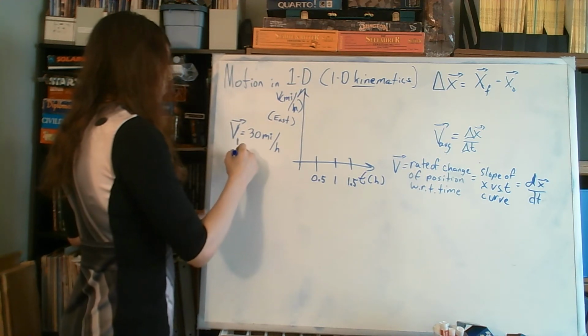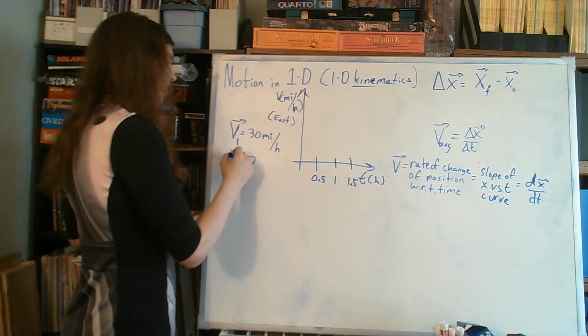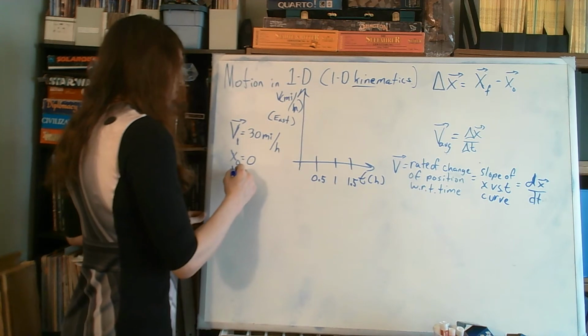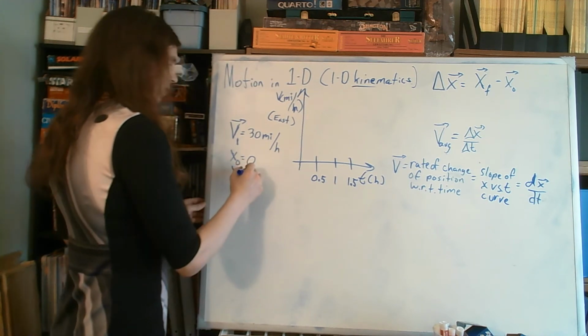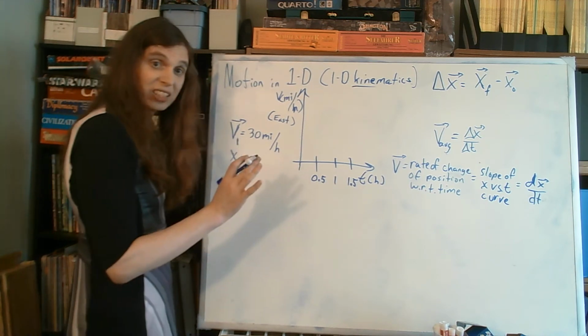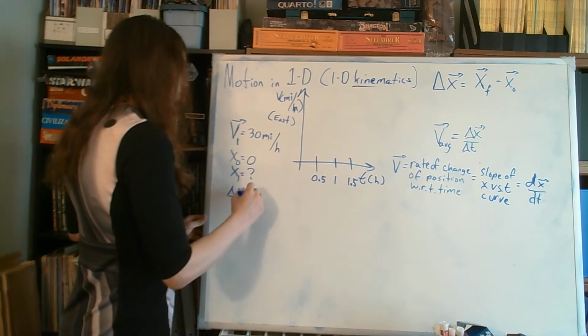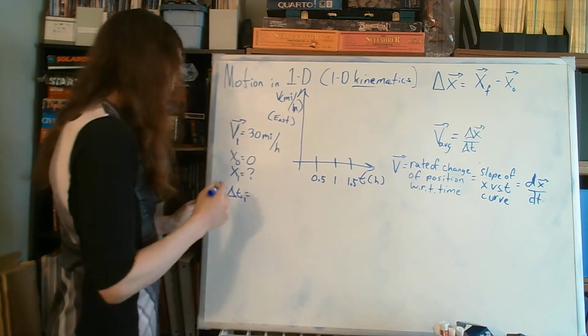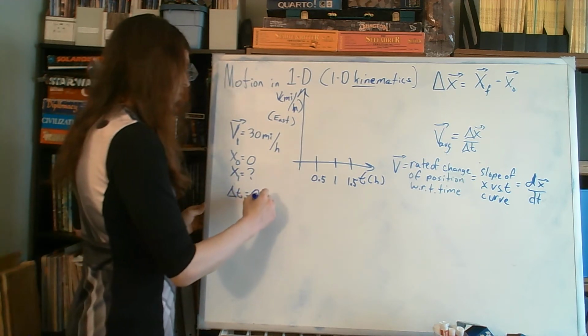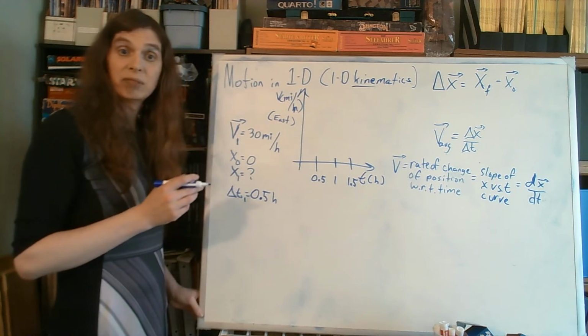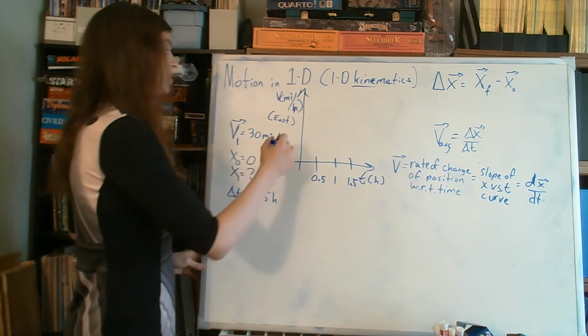We're going to start at zero position, and we're going to go some position we haven't decided yet. But the change in time for that is going to be half an hour. We're going to spend half an hour driving at that velocity, 30 miles per hour east.